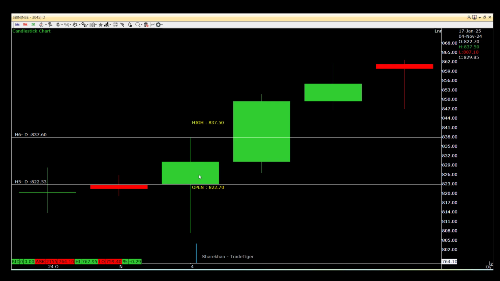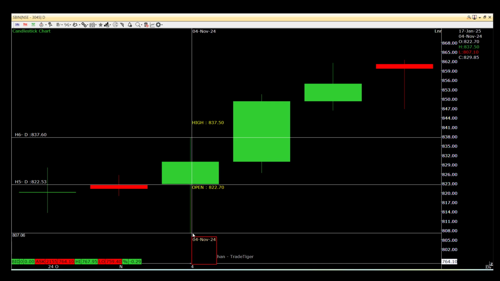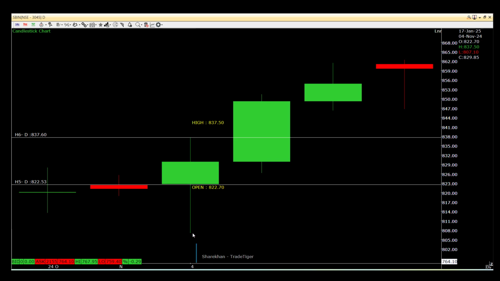Now in the day it made a low of 807.10. This is the low, you can see in the candle. So we'll take another horizontal line and put it here, 807.10. So this was the low, and we'll write it here, low 807.10.